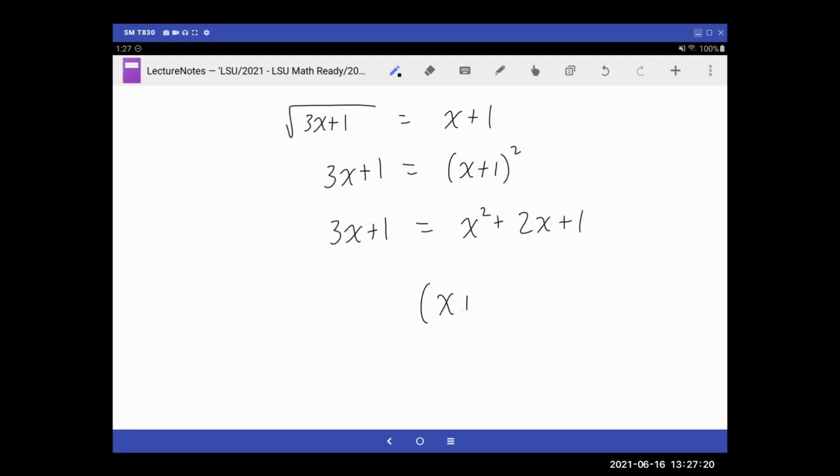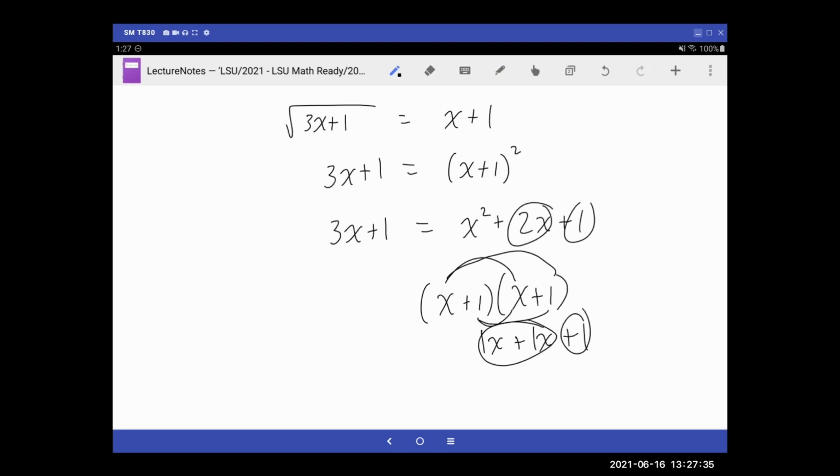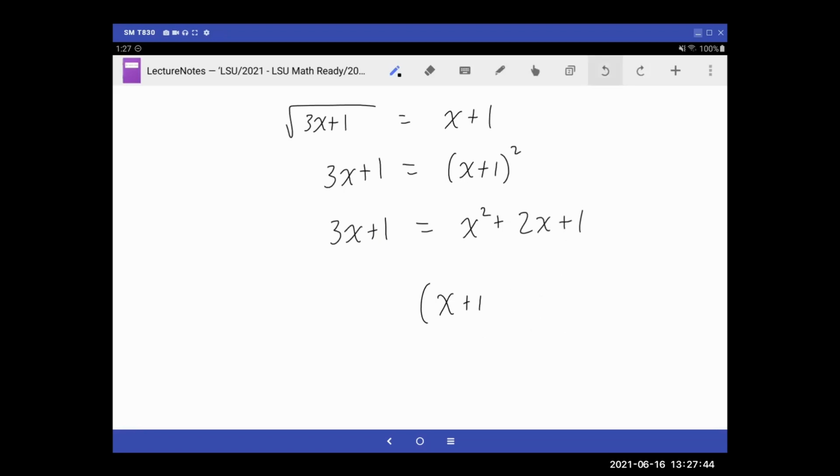Just to quickly show you, that's x squared. That's 1x. That's 1x. That's 1. Those two together become 2x. There's my 1. I know you can multiply it out though, so I'm not going to spend much time on that. So a quadratic, let's subtract 3x and subtract 1 from both sides, so I can have it equal to 0.